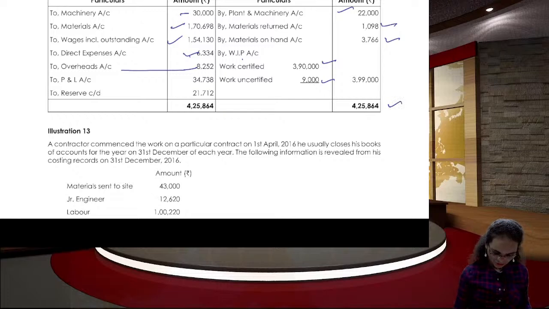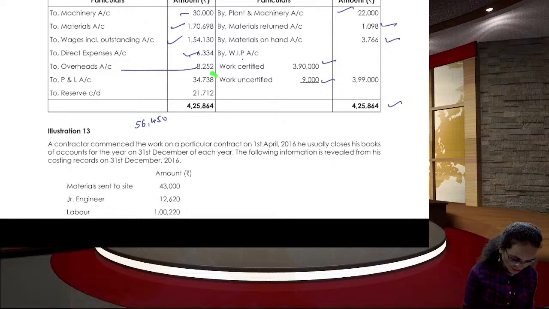This side we got this one minus all this expenditure. So you got this one as a profit.